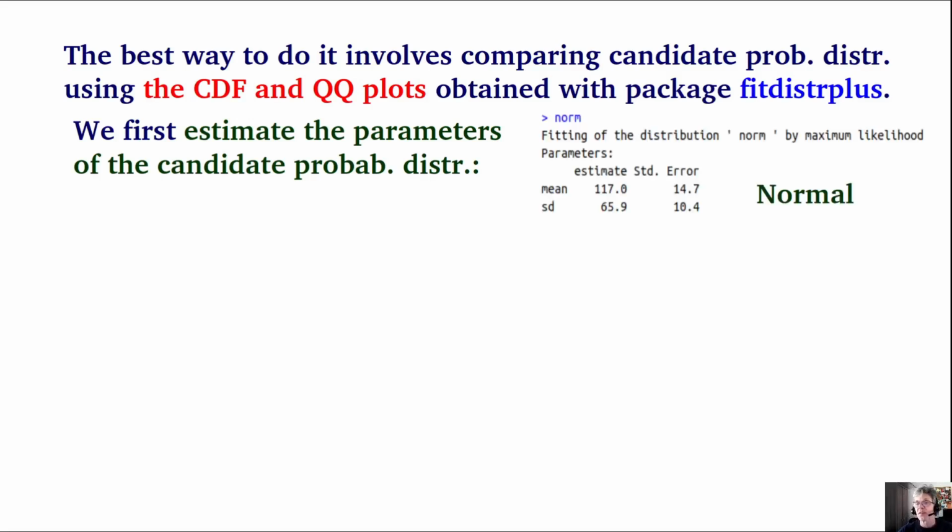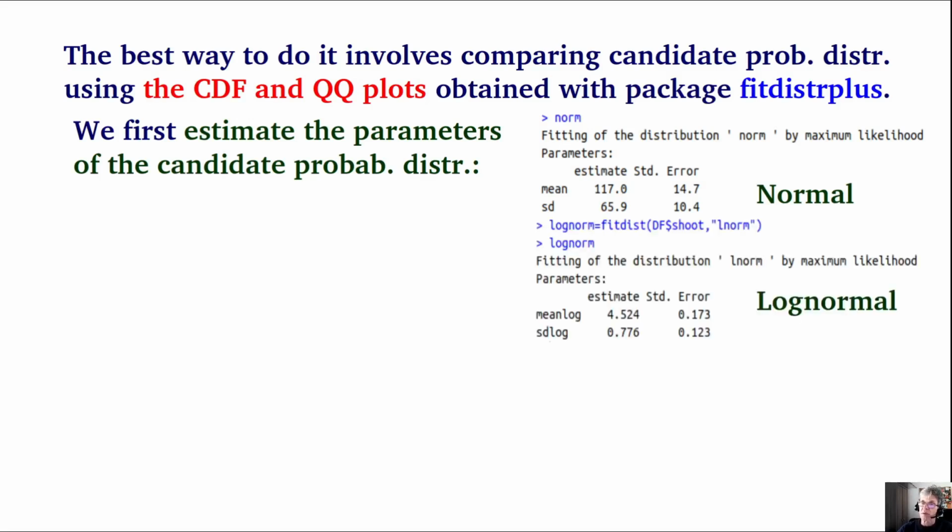We are going to consider the normal probability distribution, so we fit its parameters, the mean and the standard deviation. We are also going to consider the log normal probability distribution, so we fit its two parameters as well.